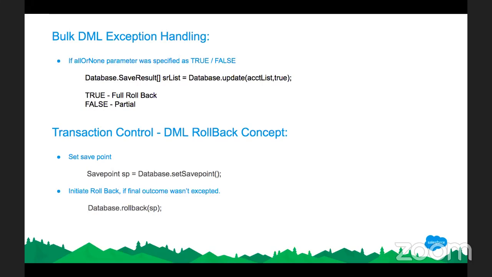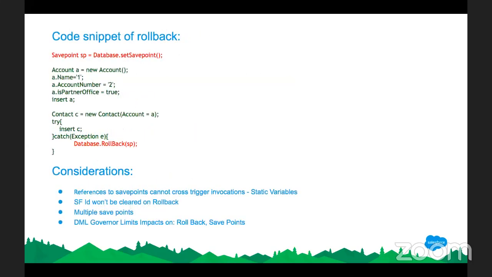Let's see one quick example. Here the scenario is, I want to insert one partner account, and at the same time I need to insert one particular contact for the partner office. I'm mentioning the savepoint initially, before the insertion operation for the account, and then I do the insert.